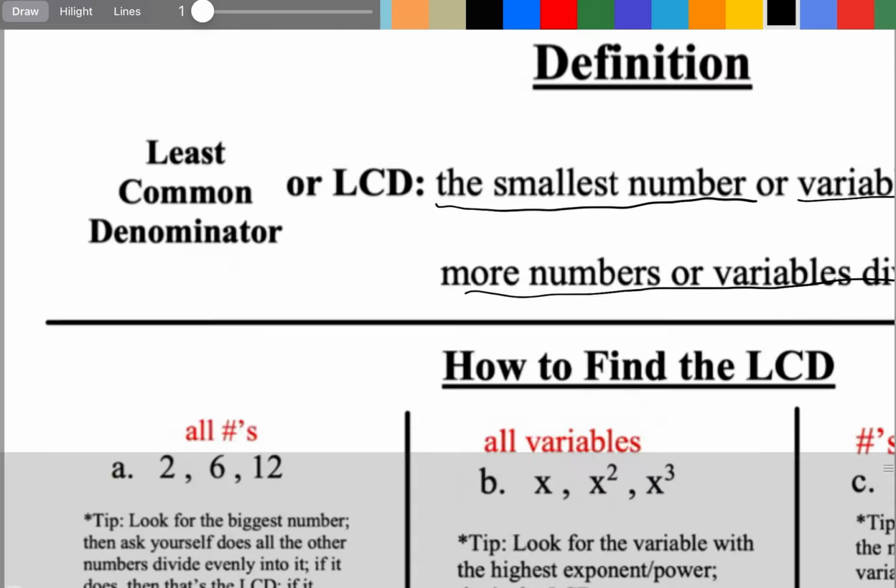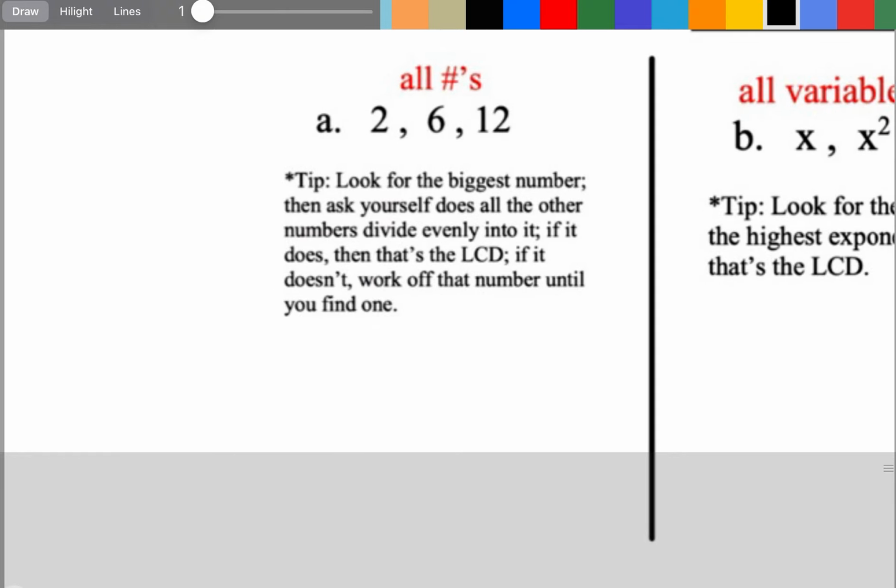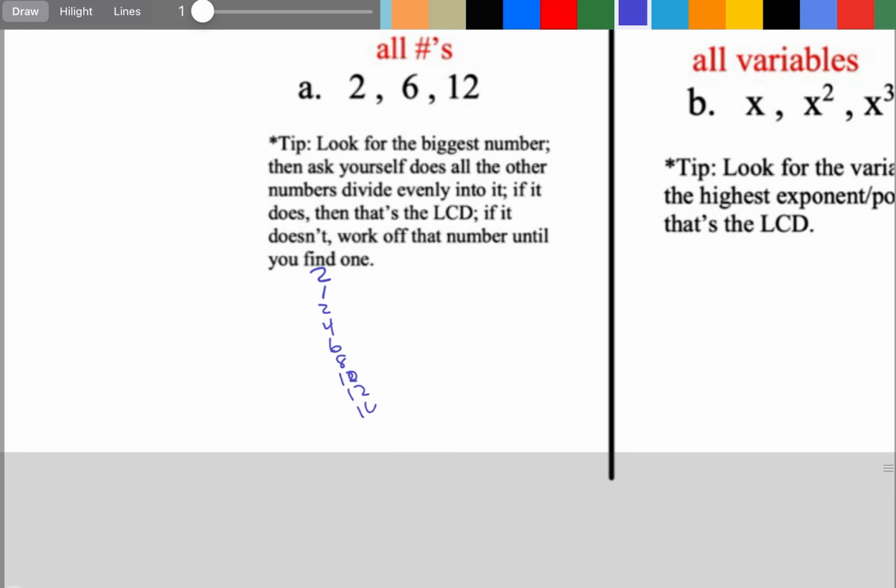Multiples. If I do the multiples of 2, we're talking about 2, 4, 6, 8, 10, 12, 14, 16, and so on. You can go on forever. When we're talking about the multiples of 6, we're talking about 6, 12, 18, 24, 30, 36, etc. Go on forever and ever.